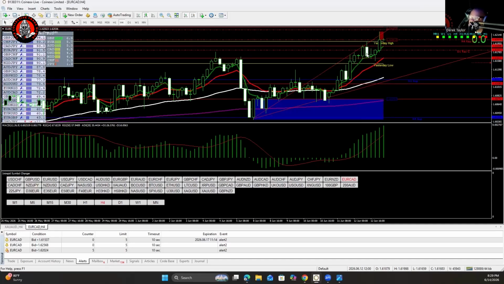Price comes here, price comes back. Is this an entry here? No, because I have another form of structure here. I have another area of price rejection here, or another form of structure. So there's not room here for me to enter.